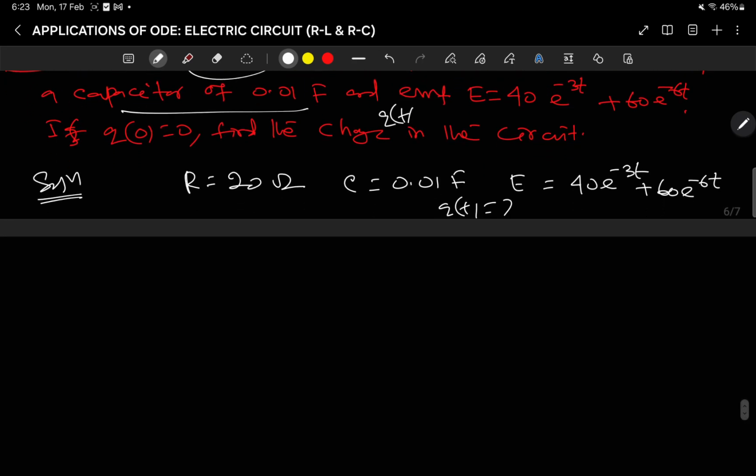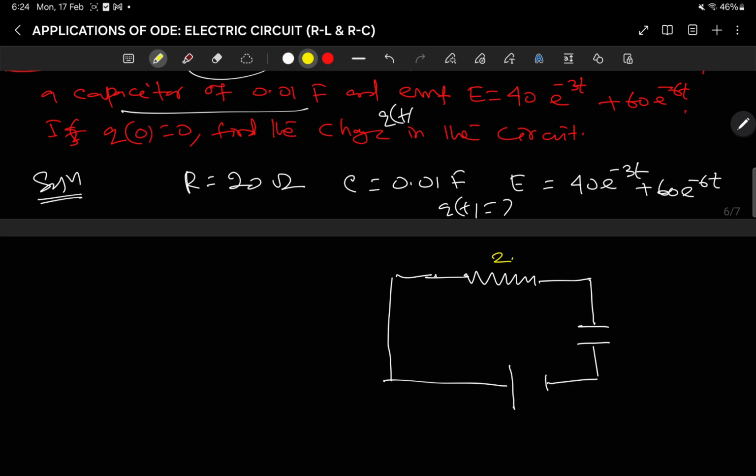If you draw the RC circuit, you have here R, you have here C, and we have here E. This is my 20 ohm, this is my 0.01 farad, and this is my E is 40 e to the power minus 3t plus 60 e to the power minus 60.